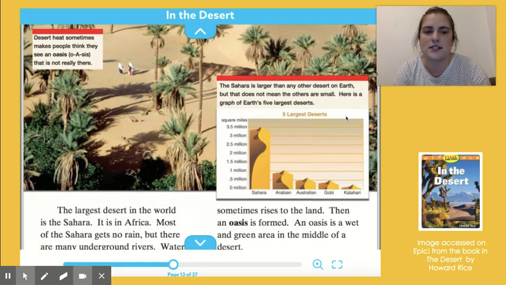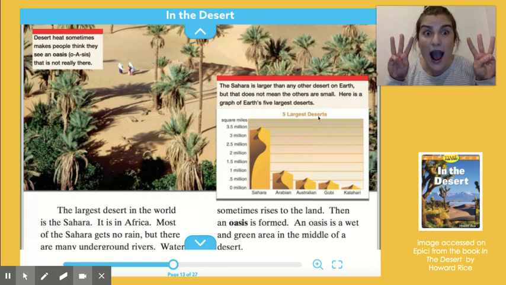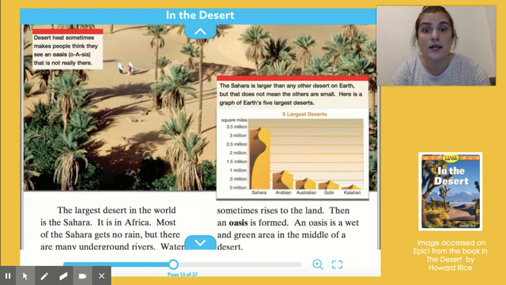Let's do a little practice. I was reading this book also on Epic called In the Desert, and it has really interesting facts about deserts. But this one made me go, wow! Deserts are huge, but the Sahara Desert, I can tell from this graph, is 3.5 million. And the next largest desert, the Arabian Desert, is 1 million.